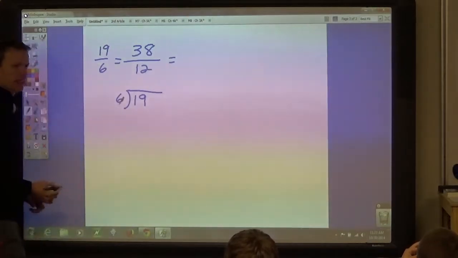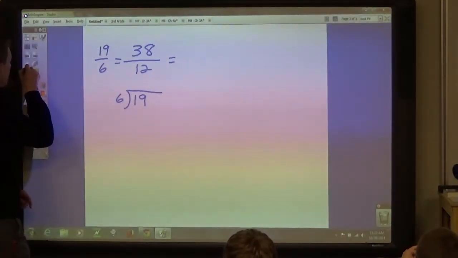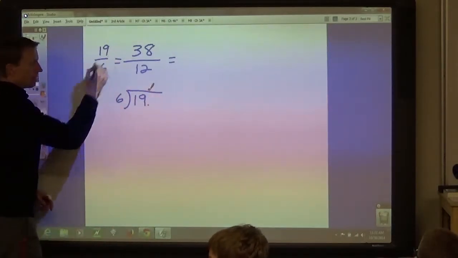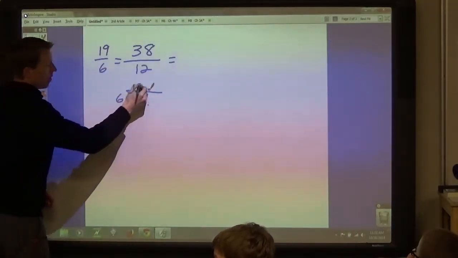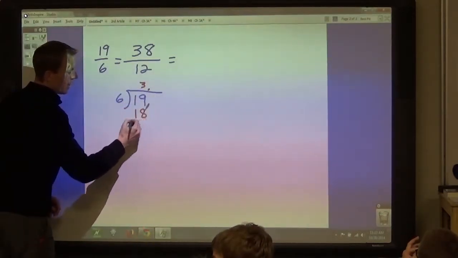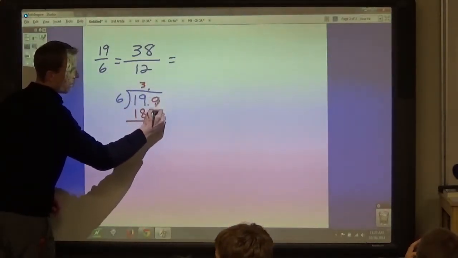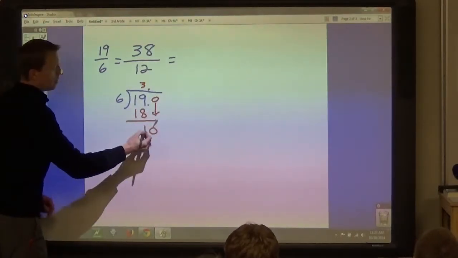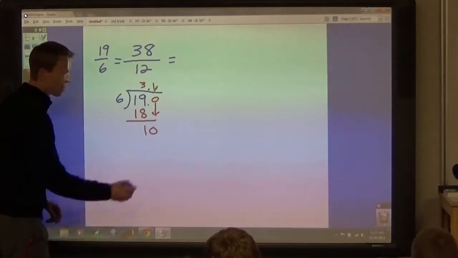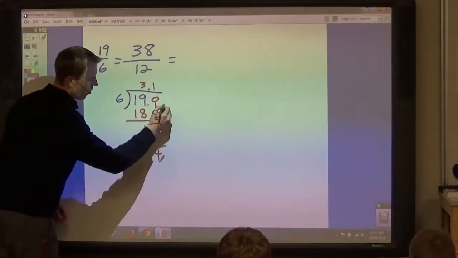6 goes into 19 3 times. So the decimal point is going to go after this. 3 times 6 is 18. Remainder 1. Bring down a 0. 6 goes into 10 once, remainder 4.